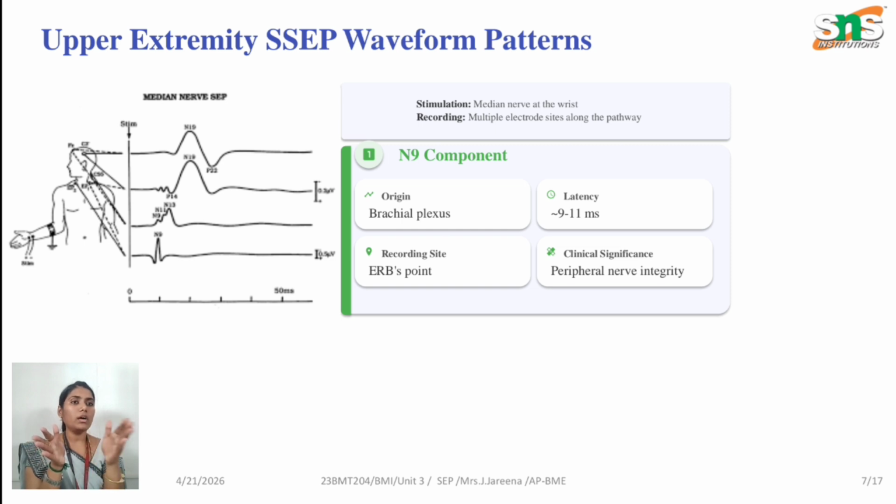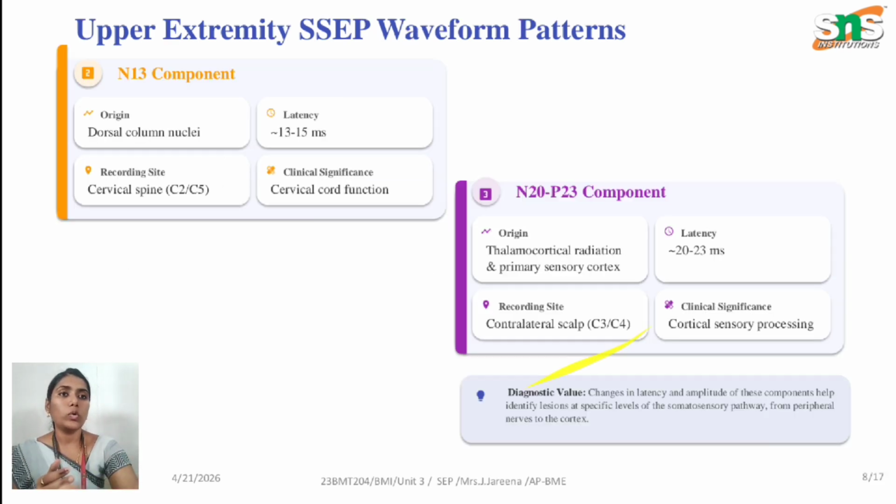If you have a particular stimulus at the nth millisecond, it represents that particular area, like the ERB point or brachial plexus points. So we can easily locate where the problem is and what the problem is. If you see a difference in these latency times, then we can easily identify why the problem is there and where it is. That is the very important outcome you can get from this waveform. That is the inference you can get from these somatosensory waveforms.